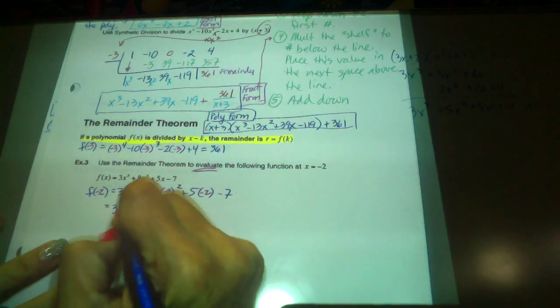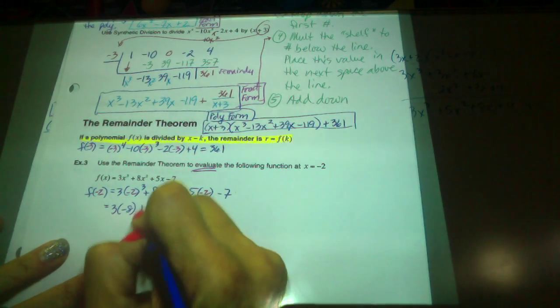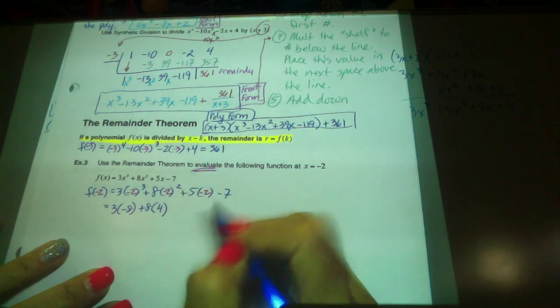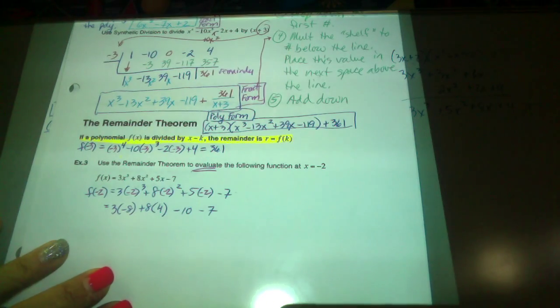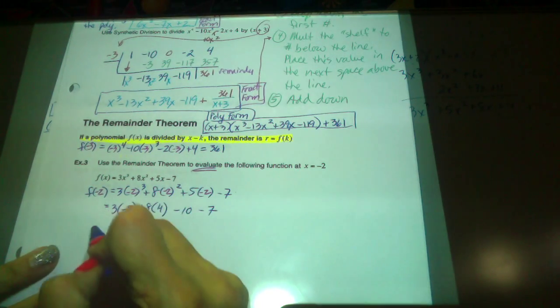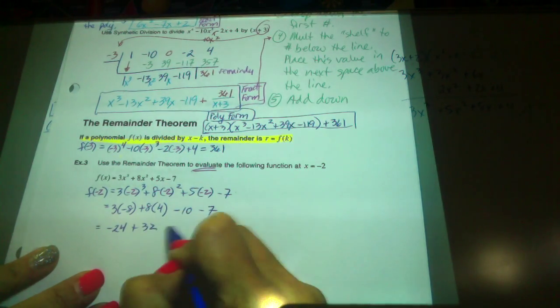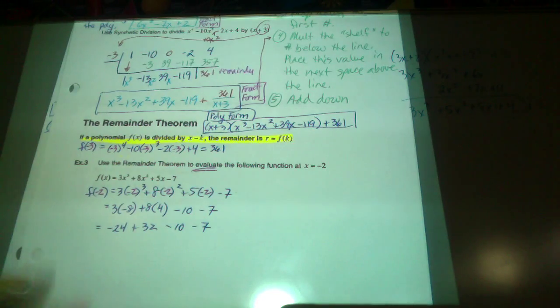So I'd have 3 times -2 cubed is -8, plus 8 times -2 squared is positive 4. Then I can actually multiply this out, -10 and then -7. Then I have to multiply the 3 and the -8, which is -24. 8 times 4 is 32, minus 10, minus 7. Then I get to start with the addition.